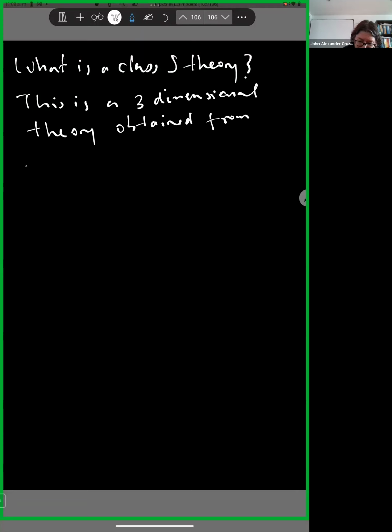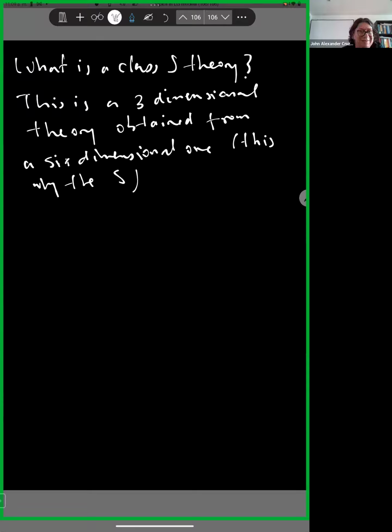This is a three-dimensional theory from a six-dimensional one, and that's the S in the name, because it comes from a six-dimensional theory by compactification.